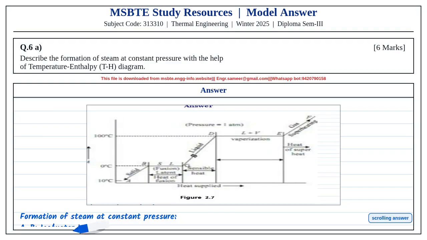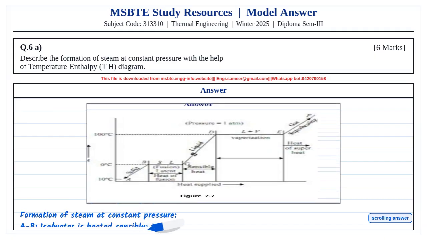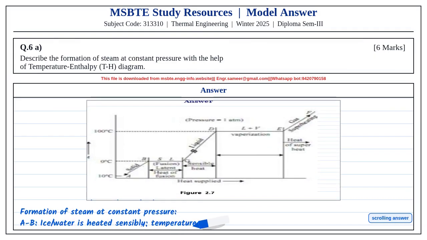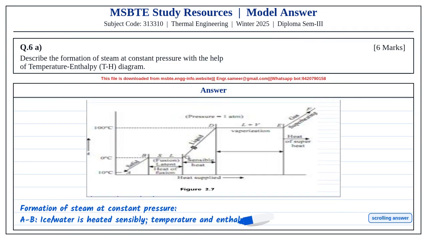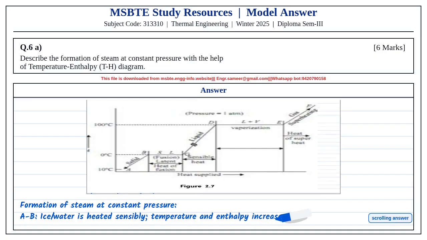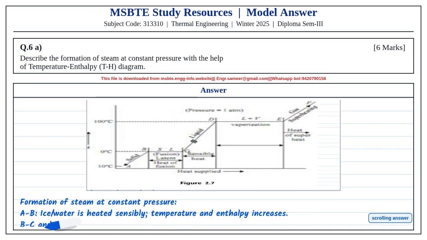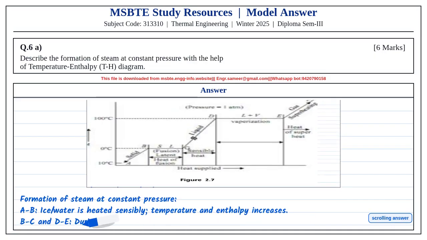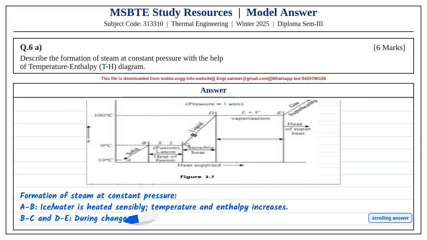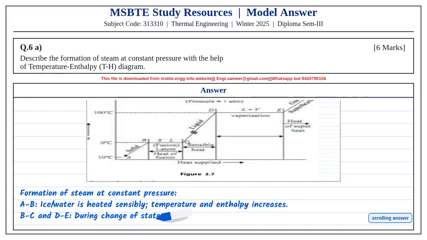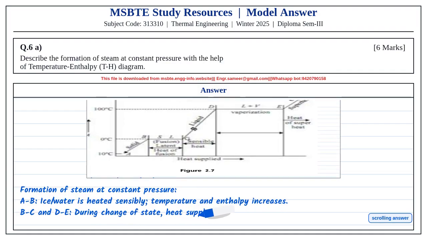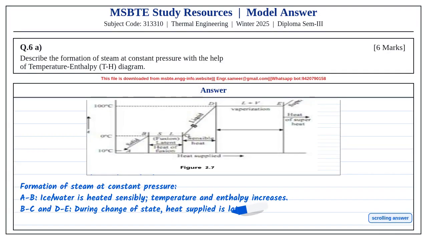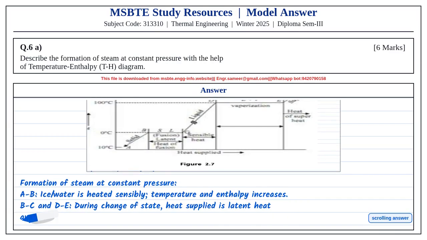Observe the horizontal heat supplied axis and vertical temperature axis. Also observe the stages AB, BC, CD, DE and EF. The constant temperature portions represent latent heat and phase change, while inclined portions represent sensible heating or superheating.